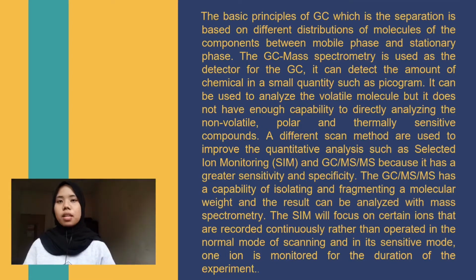The GCMS-MS has the capability of isolating and fragmenting a molecular weight, and the result can be analyzed with mass spectrometry. The SIM will focus on certain ions that are recorded continuously rather than operated in the normal mode of scanning, and in its sensitive mode, one ion is monitored for the duration of the experiment.